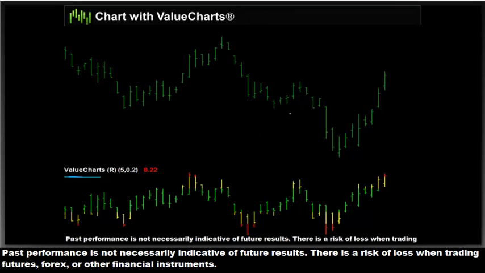Now, whereas the open, high, low, close bar charts show both the current and historical price information, the value charts indicator shows where these prices fall within the 5 valuation zones. As you can see here, these prices in this area correspond to the center green fair value zone. These prices here represent the prices within the moderately overvalued zone.